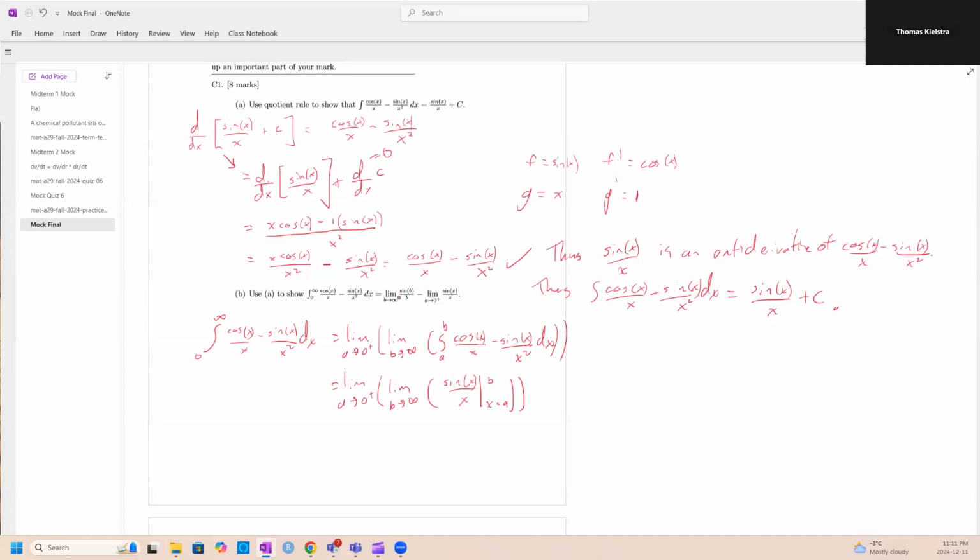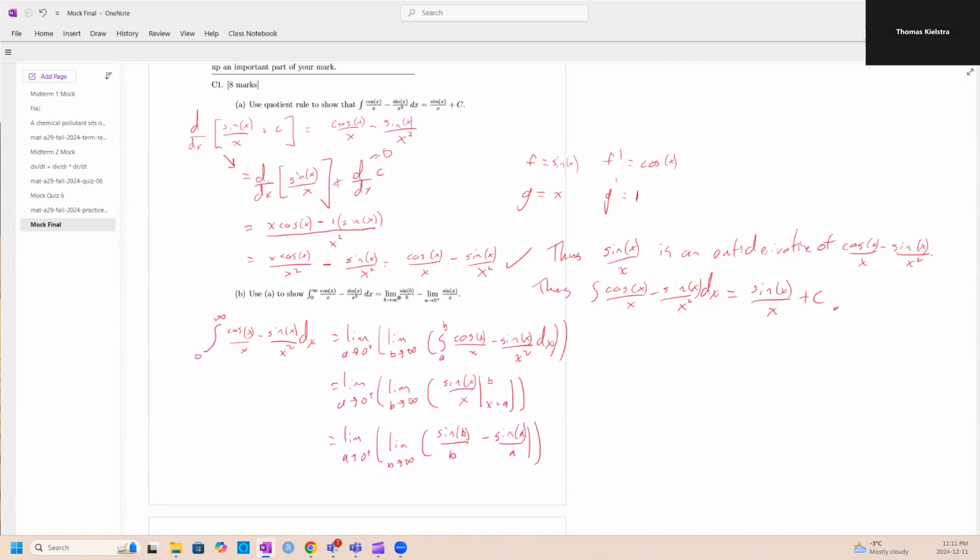So when doing our definite integration, we take the antiderivative, plug in b minus plug in a. So it equals the limit as a approaches 0 from the positive of the limit as b approaches infinity of sine of b over b minus sine a over a.